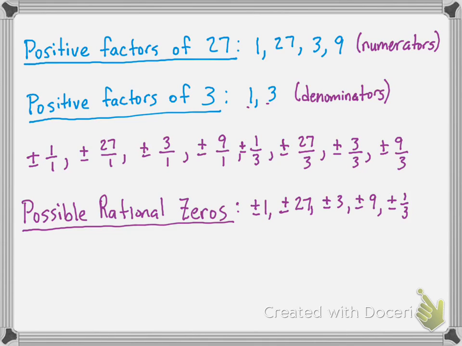We have positive or negative 1, positive or negative 27, positive or negative 3, positive or negative 9, positive or negative 1/3. So now what we need to do is go back to our 4 answer choices and see which one of those 4 answer choices is not in this list. So I'm going to scroll back.